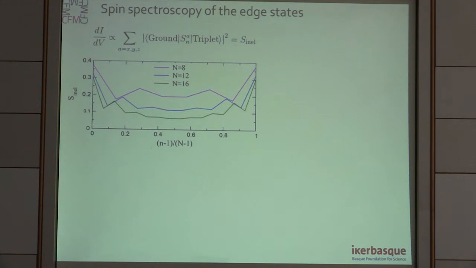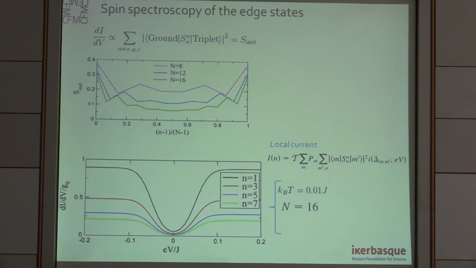But it turns out that in the case of finite spin chains, these matrix elements are spatially modulated, and they are maximum at the border of the chain. And the direct consequence is that the differential conductance, as it will be measured in an experiment, presents this modulation of the inelastic transition.